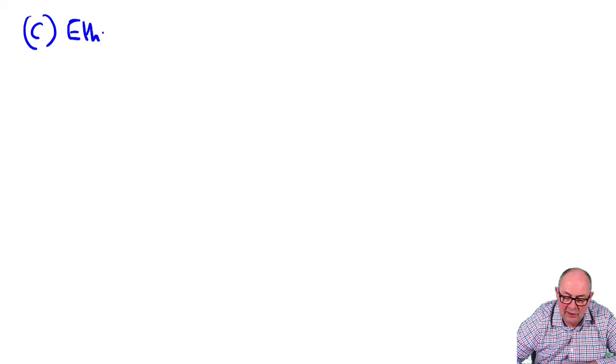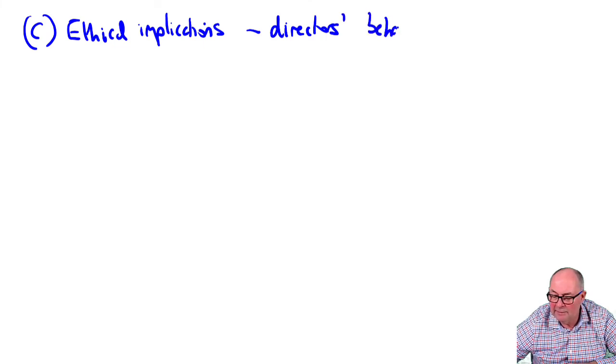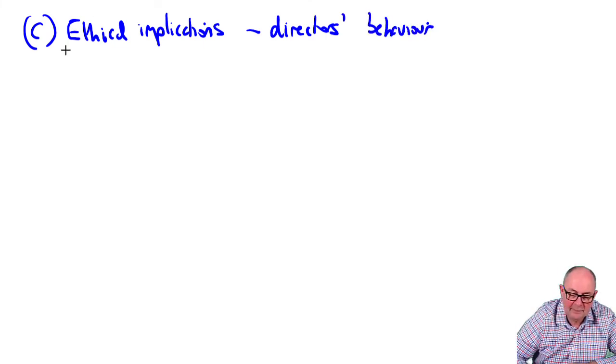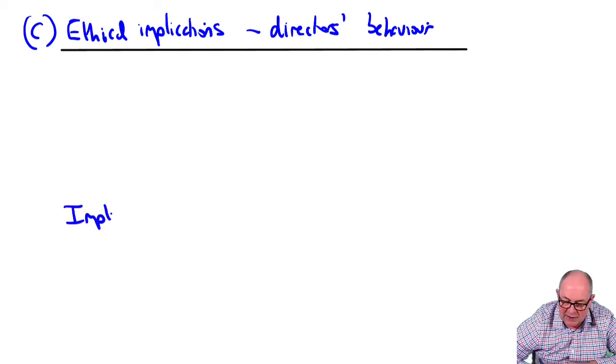Requirement C, the ethics part of the question, in 2 parts. First of all, it's asking us to consider the ethical implications in terms of the way in which the directors have been behaving. So the directors' behaviour. And secondly, it's asking us again to think about the implications for the accountant.